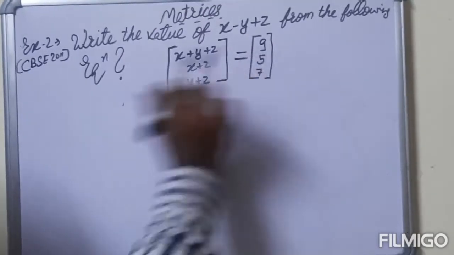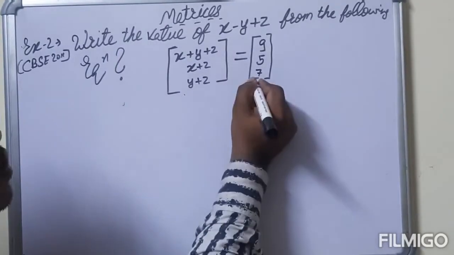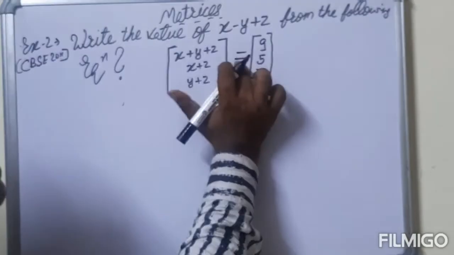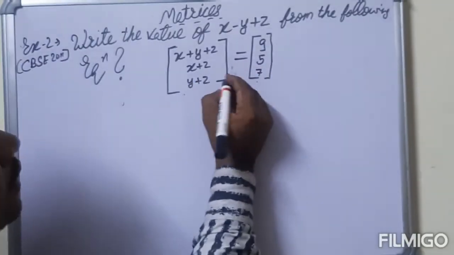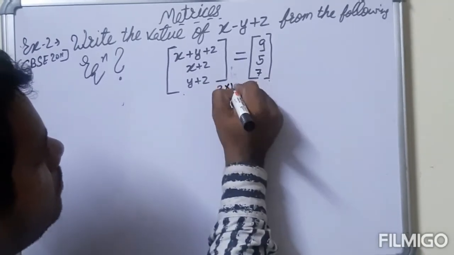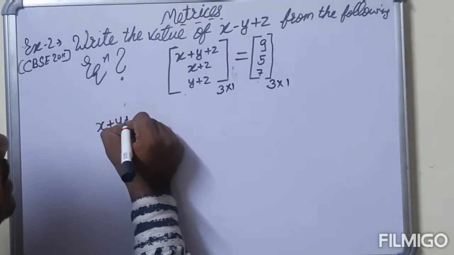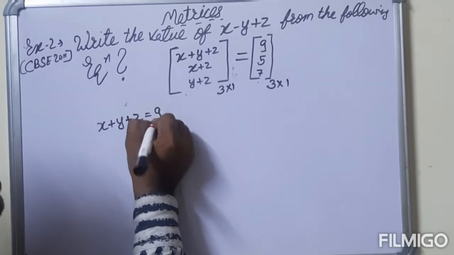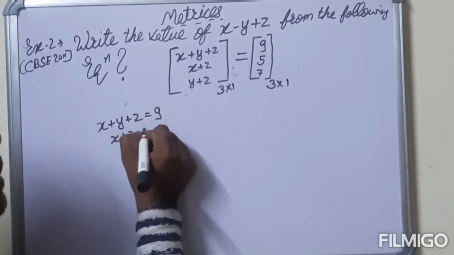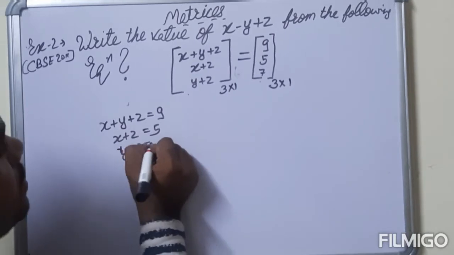As we know, these two matrices are equal, and the matrices are of order 3 by 1 and 3 by 1. So x plus y plus z is equal to 9, x plus z is equal to 5, and y plus z is equal to 7.